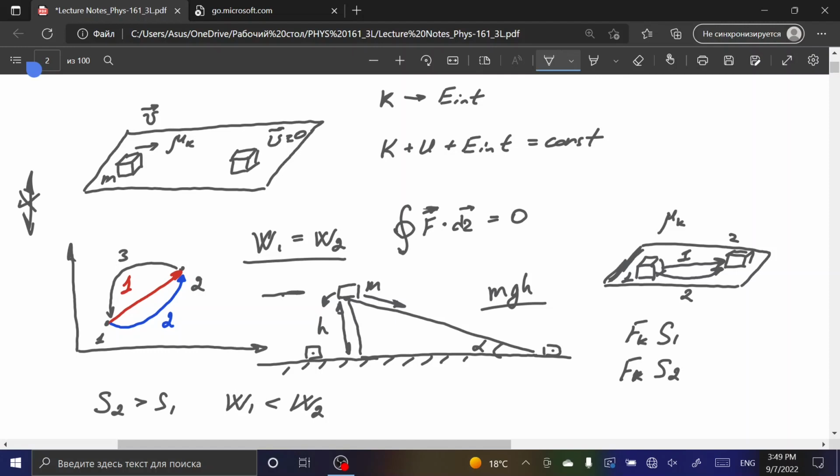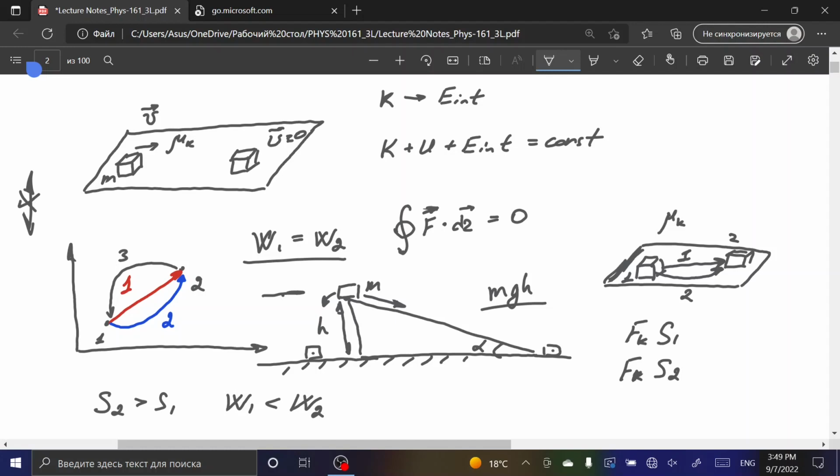So you see that we do not satisfy the condition for a conservative force, because for a conservative force, these works should be equal, meaning the work done by a conservative force should not depend on the chosen path when we move from one point to another. That's why friction force is a classical example of non-conservative forces.